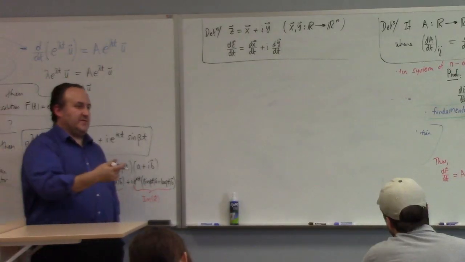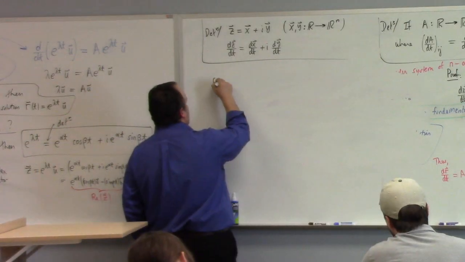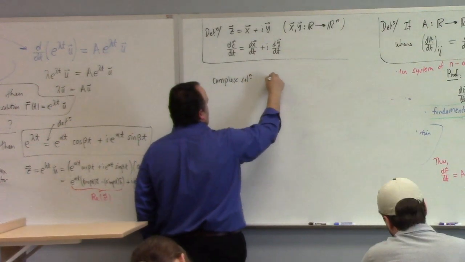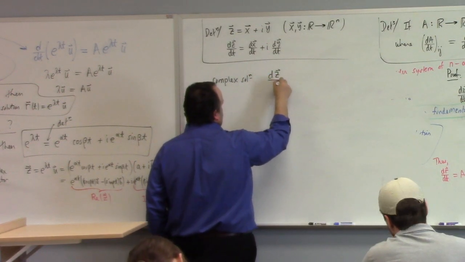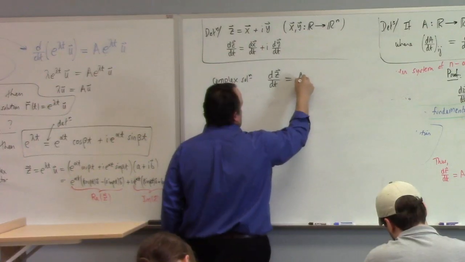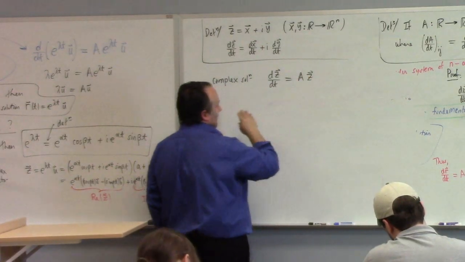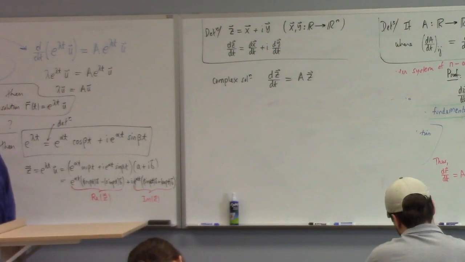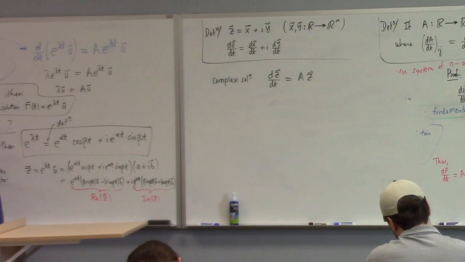So let's parse this. We have a complex solution means what? That means that we have dz dt is equal to A times z. That's what we mean when I say I have a complex solution. All right? I have an explicit example to follow this, so hang with me here.